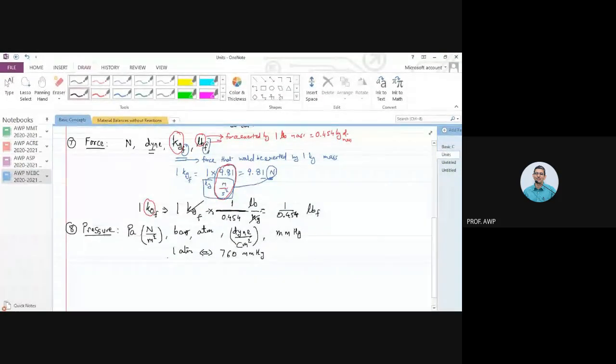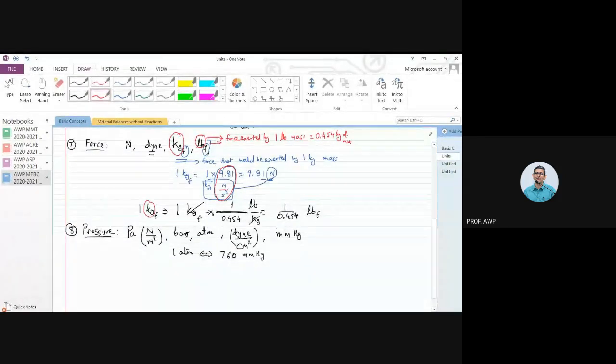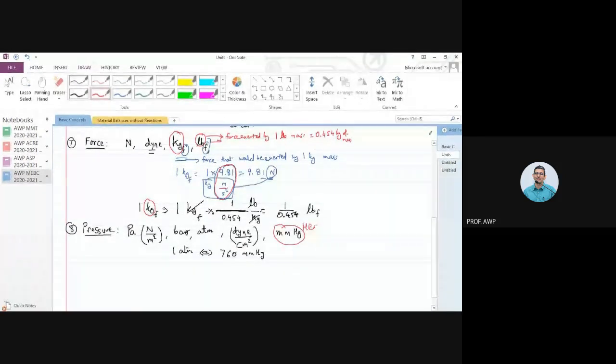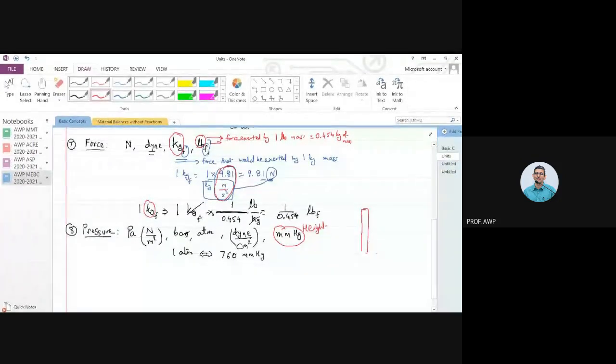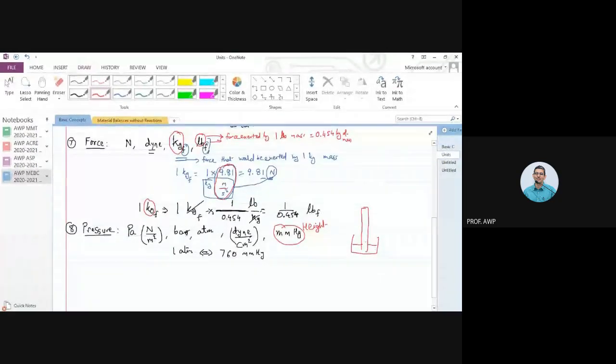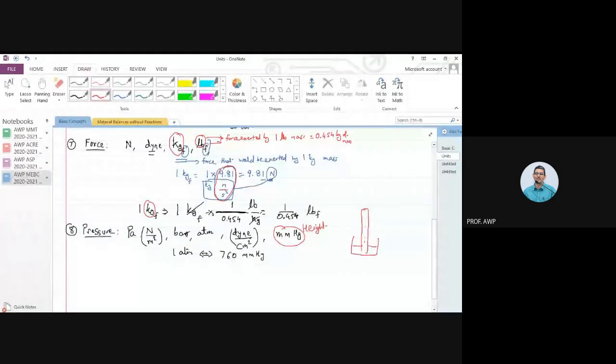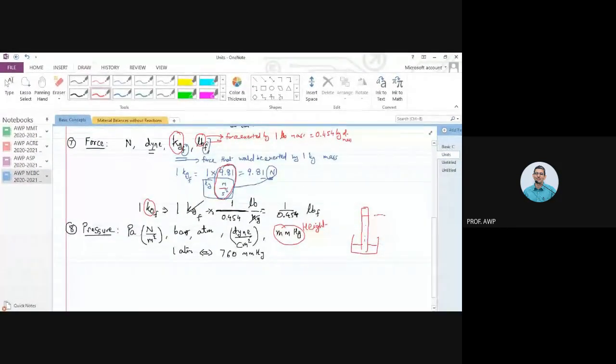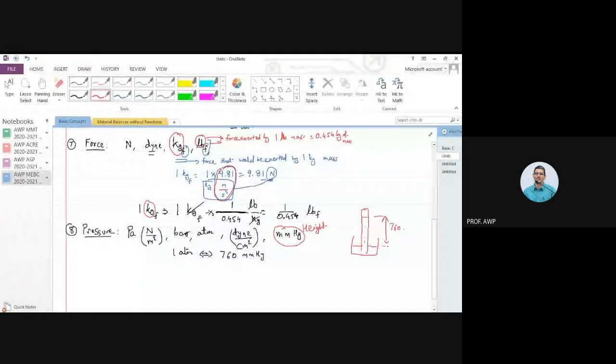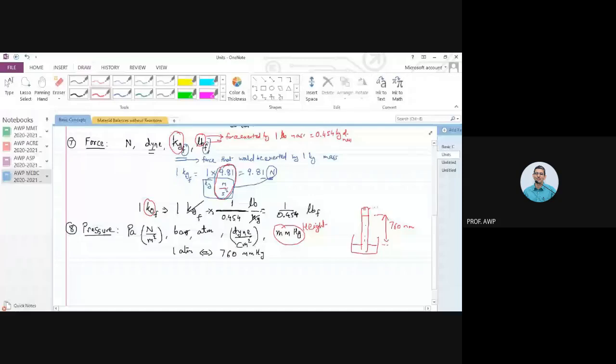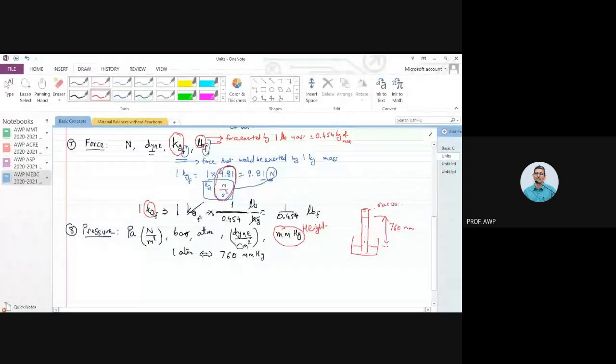We are talking about pressure, but we are actually talking about units of height here. So the reason we are doing that is, if you must have seen a barometer, there is a mercury, and this mercury rises up in this tube, and it rises up to a level of 760 millimeters. That is 1 atmosphere. So there is a complete vacuum here, right?